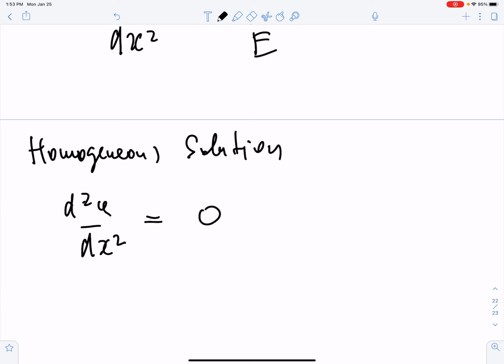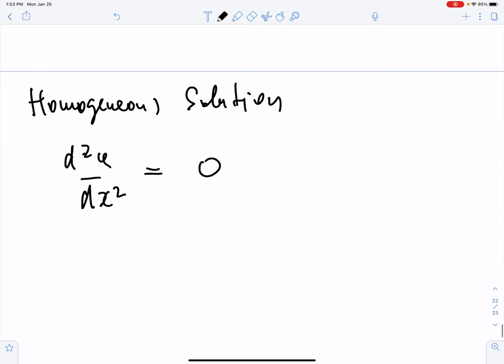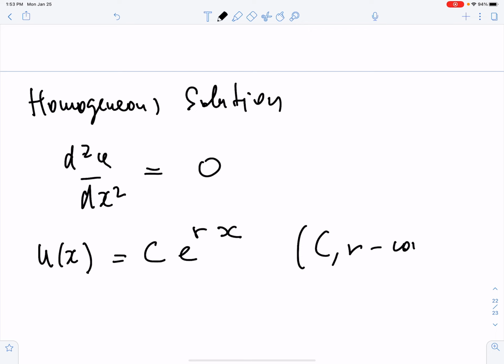Again, if you dust off your notes from ordinary differential equations, you find that for second order equations like this, you look for solutions of the form u of x equals c e to the r x, where c and r are arbitrary constants.